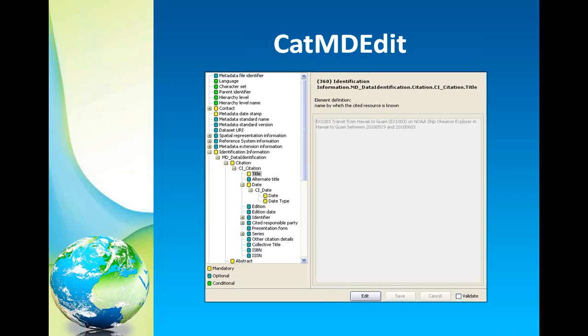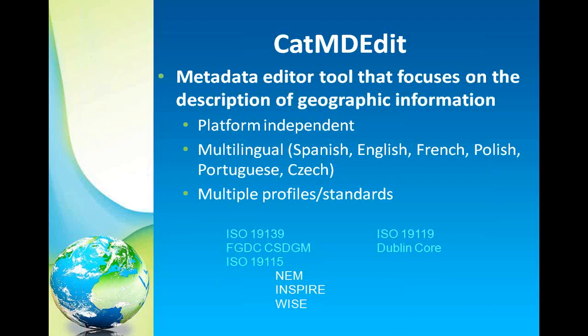It also supports a lot of different profiles, especially a lot of the European profiles. Like it has the NEM metadata profile, which is a recommendation defined by the Spanish National Geographic High Board that includes all the elements in the 19115 core metadata for geographic data sets.